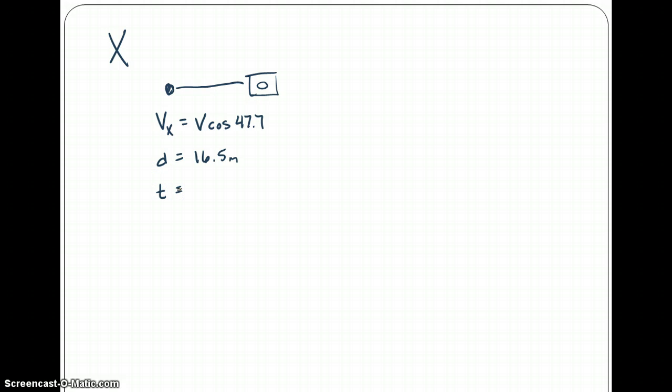And really those are the only three things that I can find in the x direction. Because this is a constant, there's zero acceleration, so I'm back to finding an equation that relates these. So again, my velocity is just equal to a distance divided by a time in a constant sense.